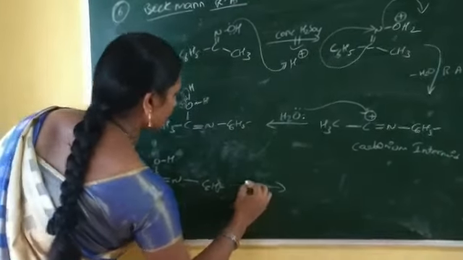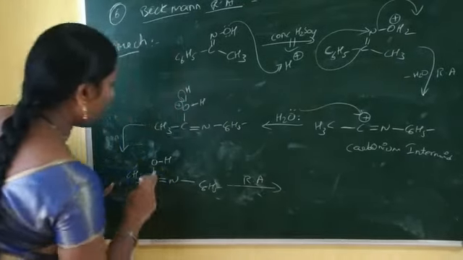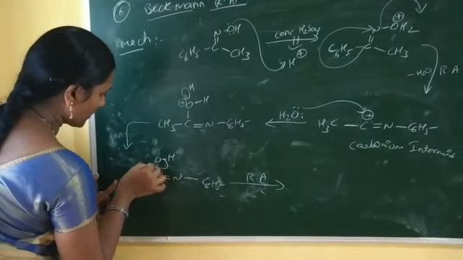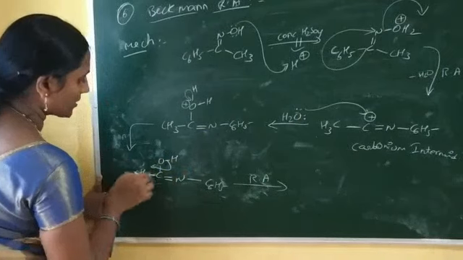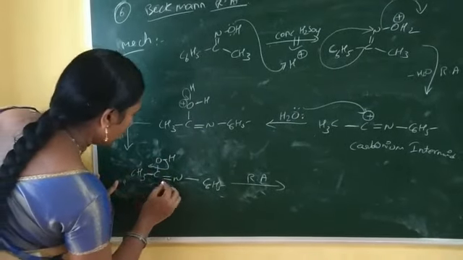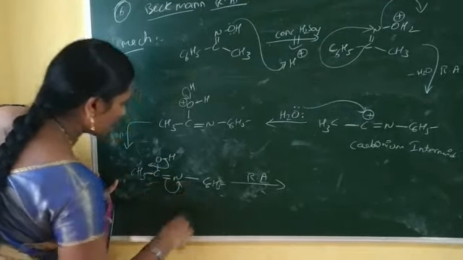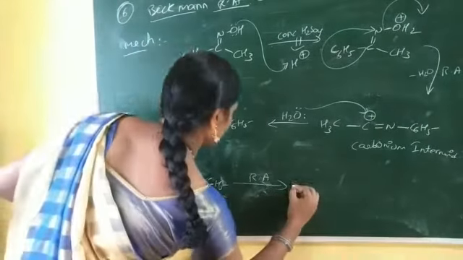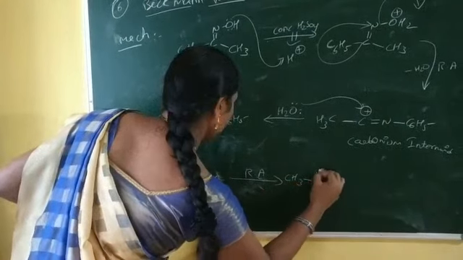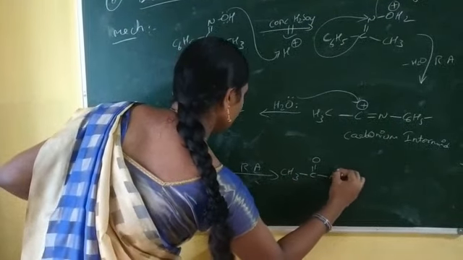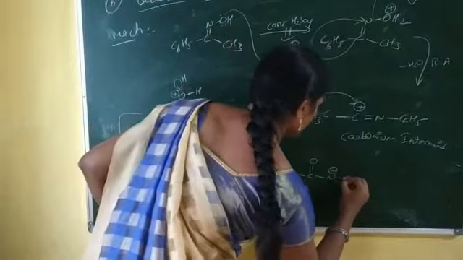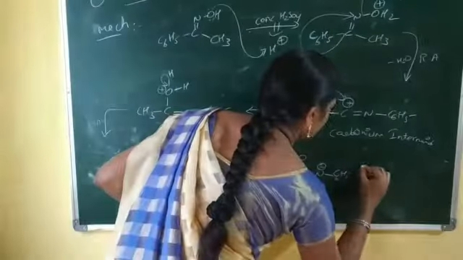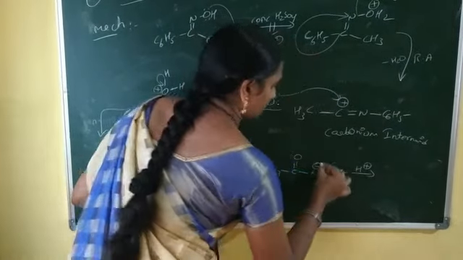Now again this compound is involved in rearrangement. The alcohol functional group turns to a carbonyl functional group. Now this OH bond is shifted towards the carbon side. Immediately this double bond is shifted to the nitrogen side. Nitrogen has a negative charge: CH3, C double bond O, N minus and C6H5. Now this compound is treated with H plus.